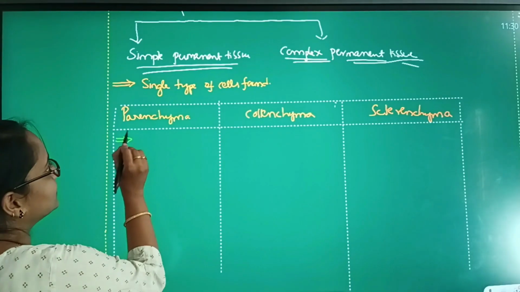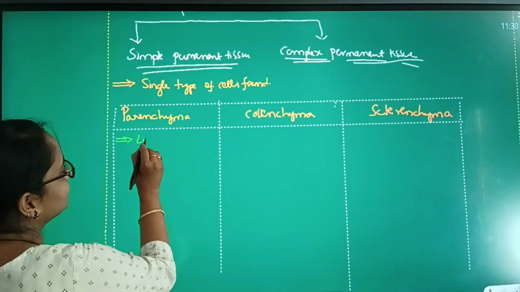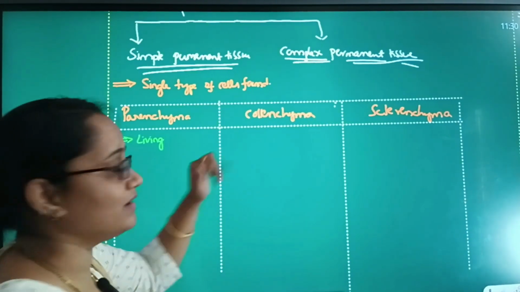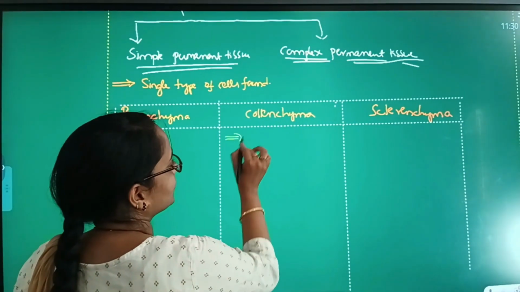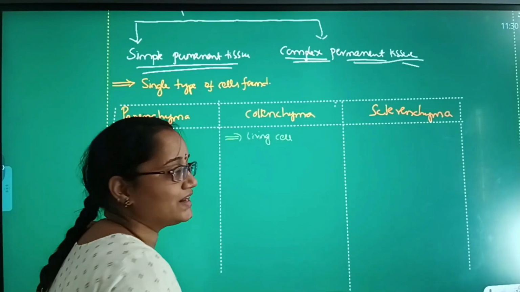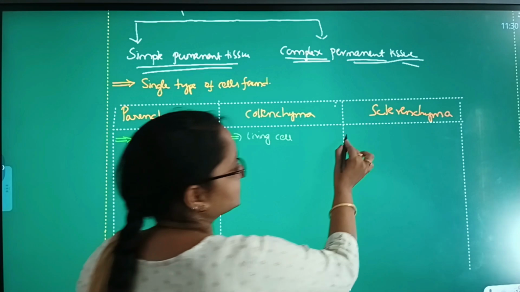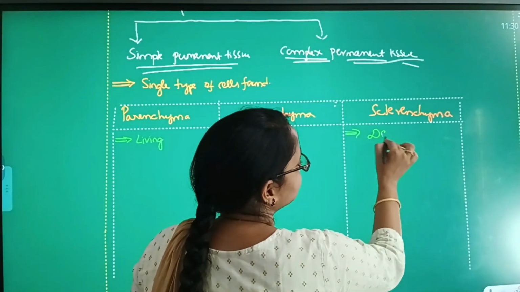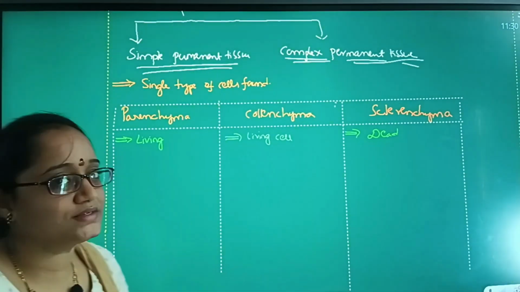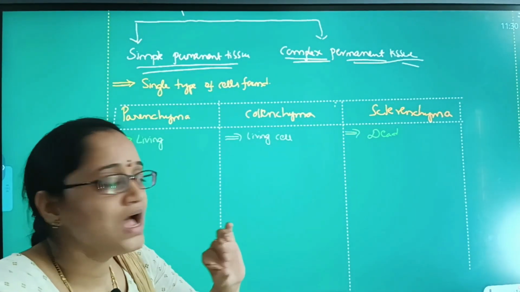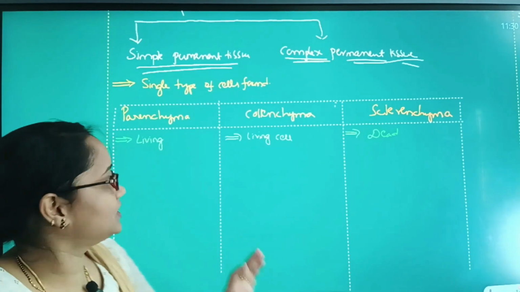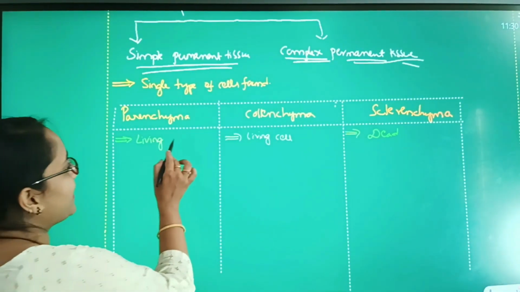Parenchyma is a living cell. Even collenchyma is also a living cell. But sclerenchyma is made up of dead cells. Dead cell means, is it going to have a nucleus, that means protoplasm and all? No, it is not going to have all those things. Just the cell wall is present.